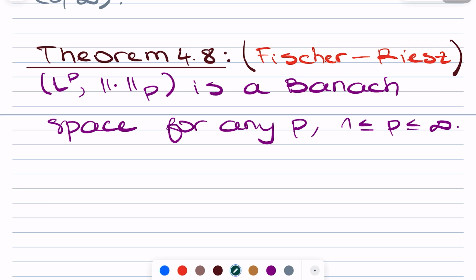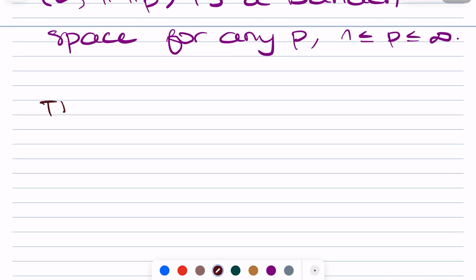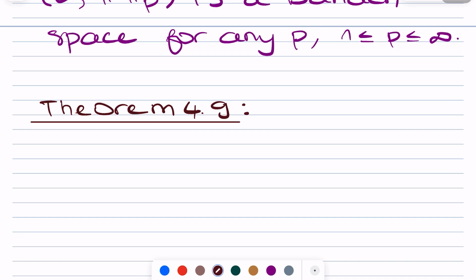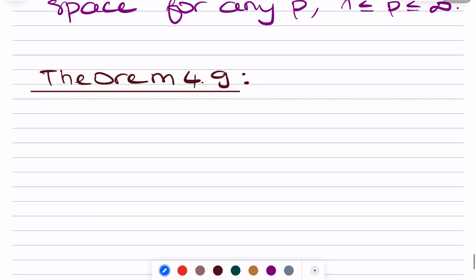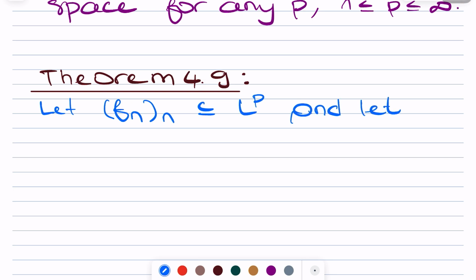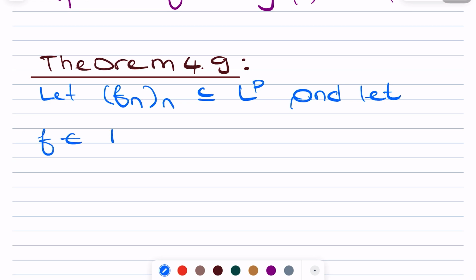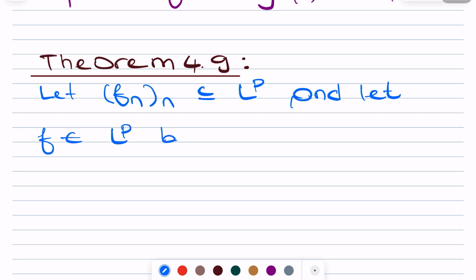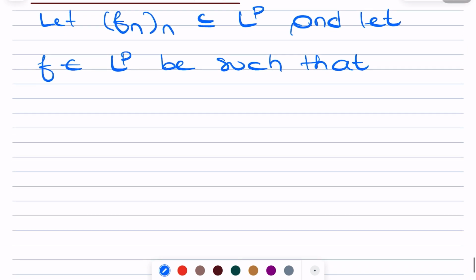So theorem 4.9. Let f_n be a sequence of elements of the L^p space, and let f be an element of L^p such that f_n converges to f in L^p norm.